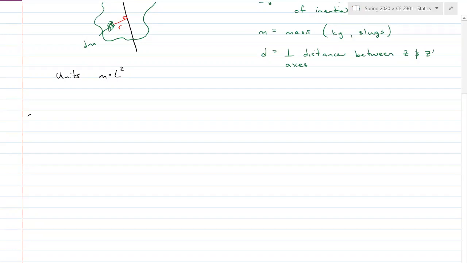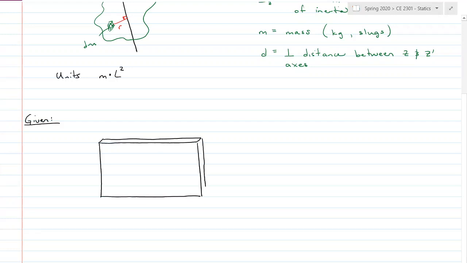First example, I'm going to give you a plate. This is a square plate that is unfortunately void of cookies. It is made of one material, so its geometric center happens to also be its mass center.